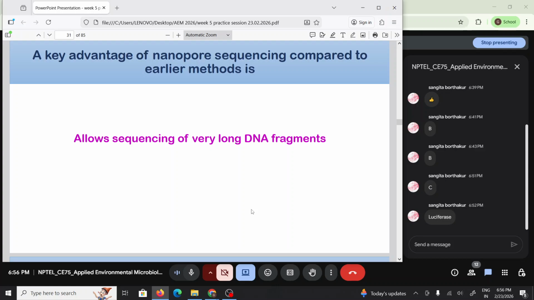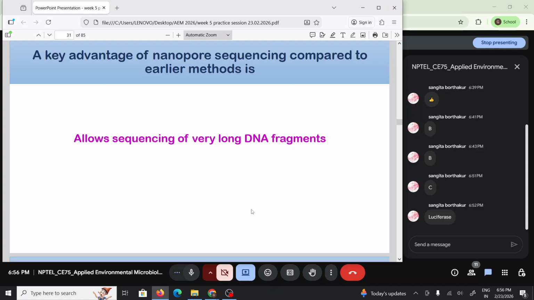It is also a portable process, it's cost effective, and you need only very little sample compared to others. In some situations you have a very small amount of sample, and in that case this is very advantageous.